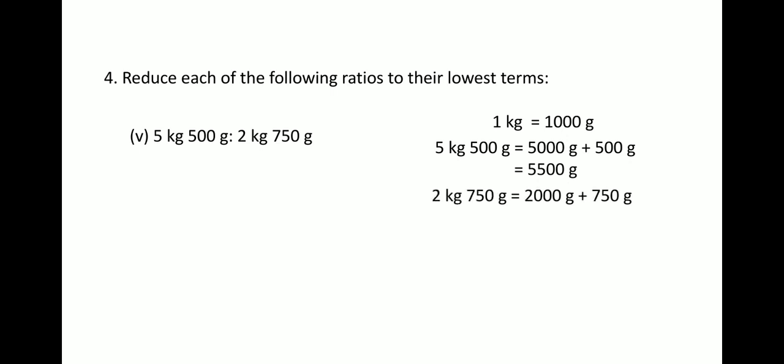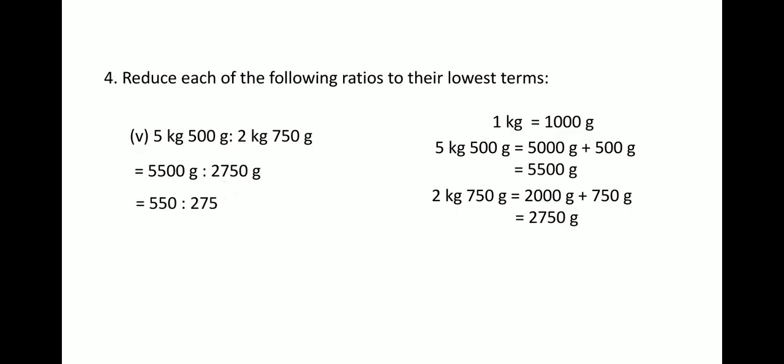Similarly, 2 kg 750 gram is equal to 2000 gram plus 750 gram, which is equal to 2750 grams. So replacing this value by 5500 gram and 2 kg 750 gram by 2750 gram, the gram unit cancels, and if we cancel zeros as well, we will get 550 is to 275.